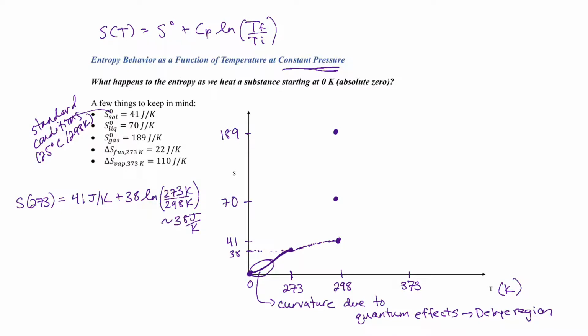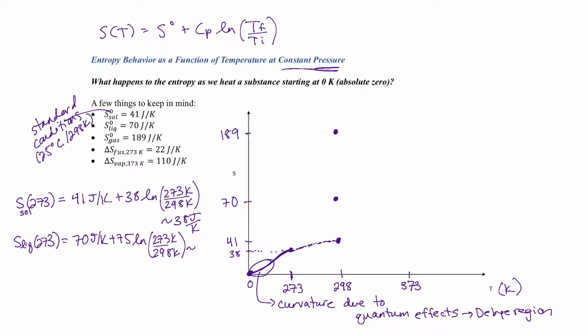So that's our solid, and we want the same thing for our liquid. Maybe pause the video and take a second and see if you can do that calculation and figure out where on this point here we want to put our anchor point for liquid water at 0 degrees.